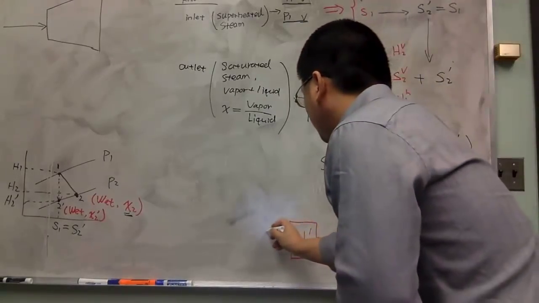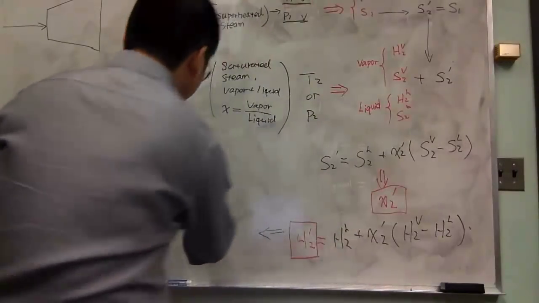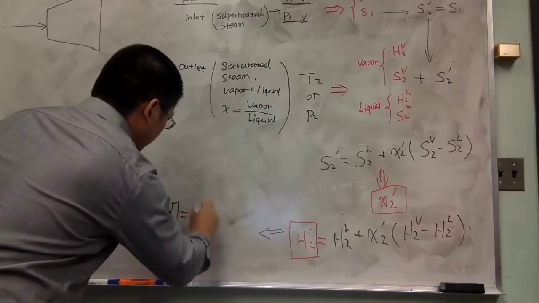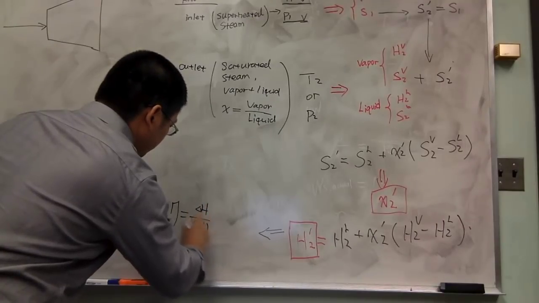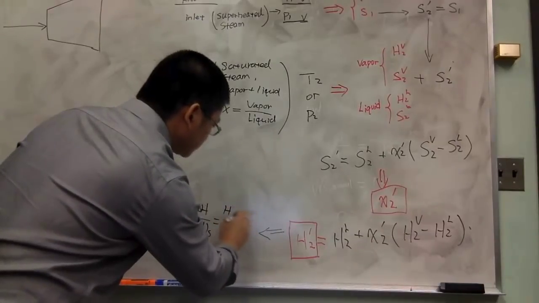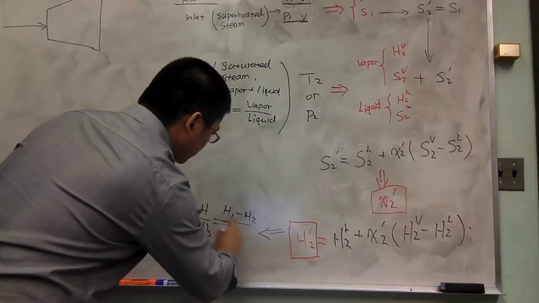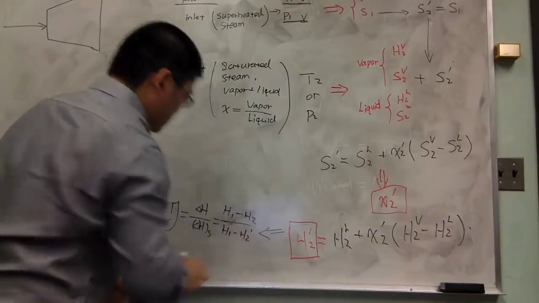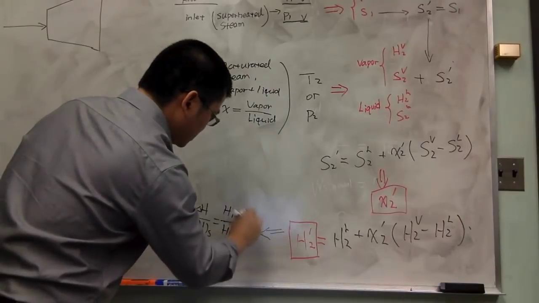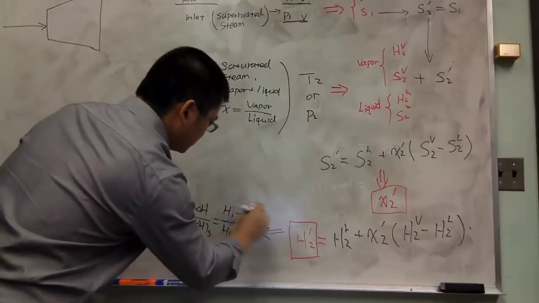Moving forward, using the efficiency definition, delta H over delta HS, yes, H1 minus H2 over H1 minus H2 prime, then I have this H2 solved.